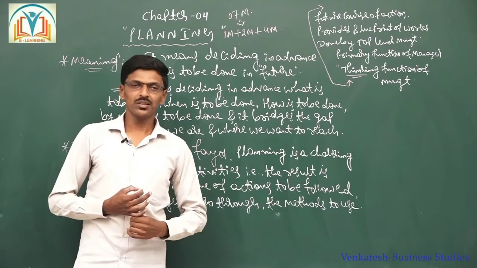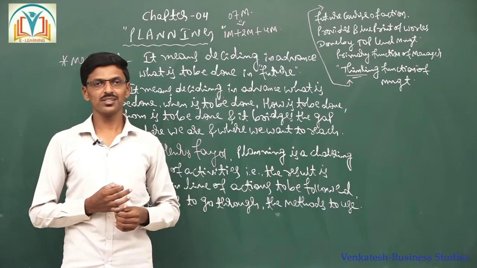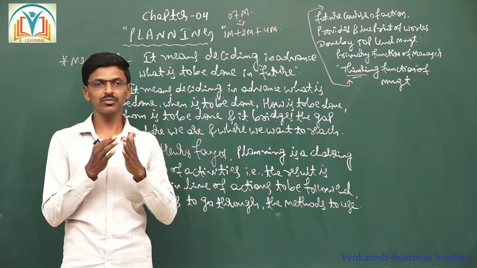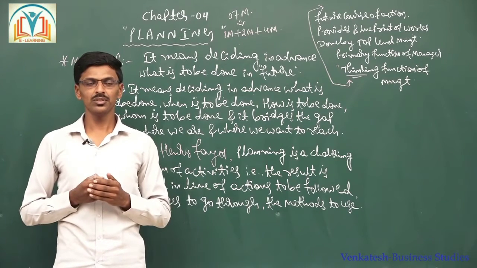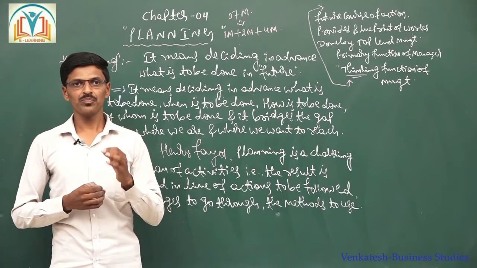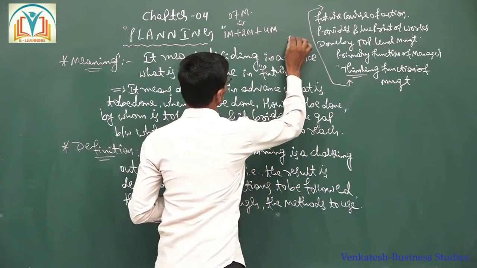Before we start the details of the syllabus regarding planning, let's brief what we learned in chapter number 1. As you know, the management of an organization must perform 5 functions.